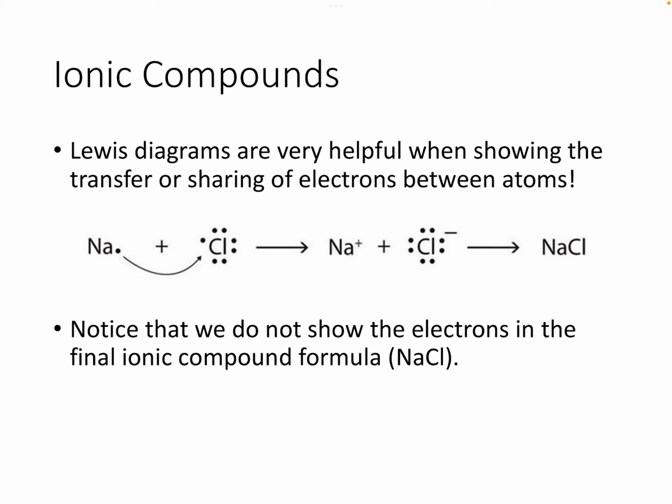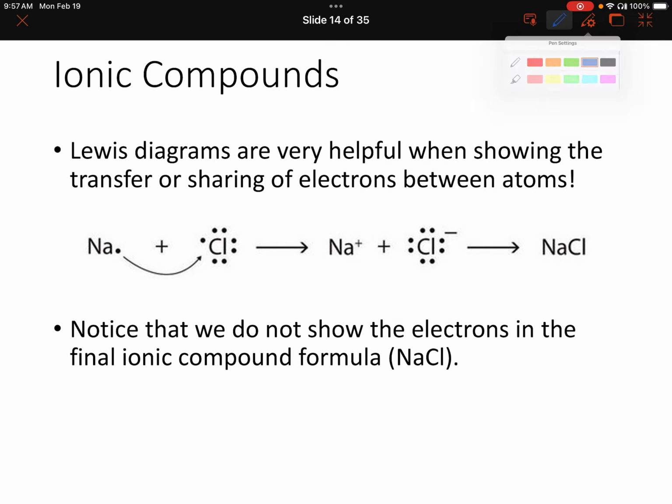So it's going to become positive. And then chlorine needs an electron to have 8 valence electrons. So it could gain that electron from sodium, and when it does, it's gaining a negative charge. So it's going to become a negative ion. And then we'll notice that sodium, since it's positive, is going to attract chlorine, which is negative. And they can form an ionic compound.